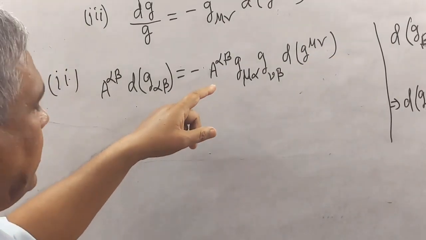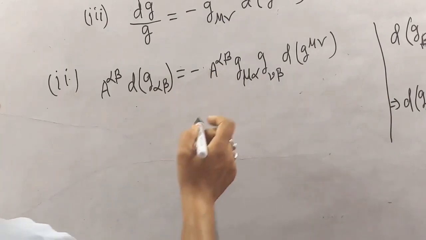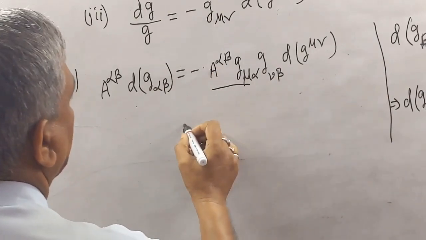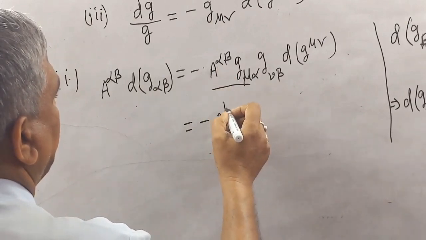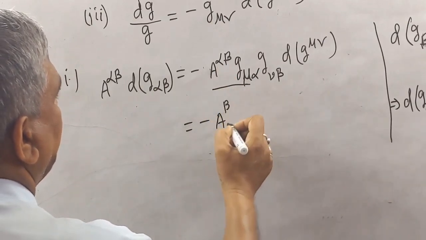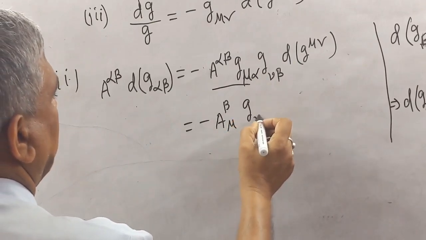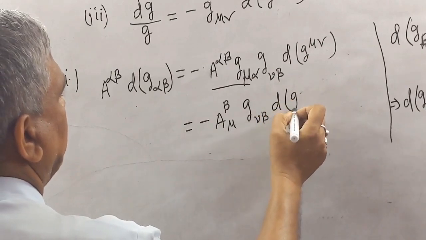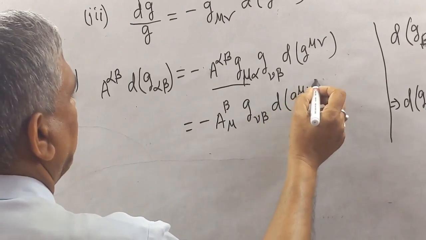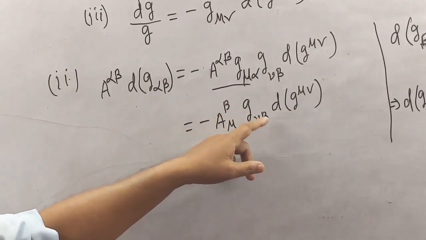As we have seen the associate tensor, the value of this will be minus A, remains beta and here mu, G nu beta d G mu nu. Here beta is the dummy suffix.